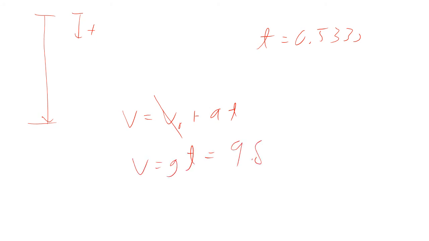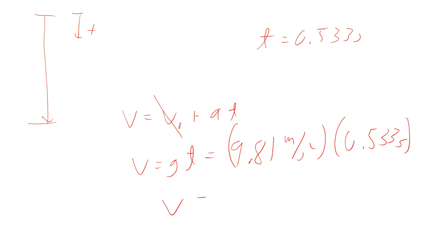So that's 9.81 meters per second squared times 0.533 seconds. So v turns out to be 5.23 meters per second.